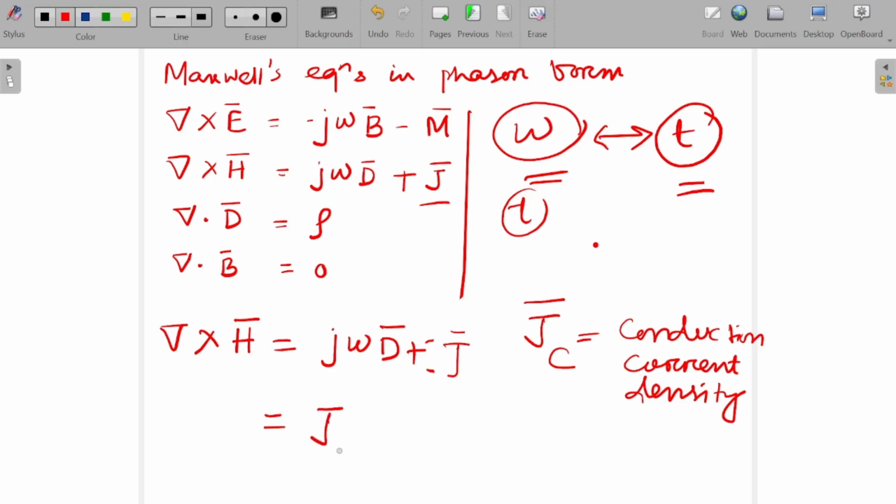This is the first term, we can write as your Jd plus Jc. So this term, your Jd, is known as the displacement current density.